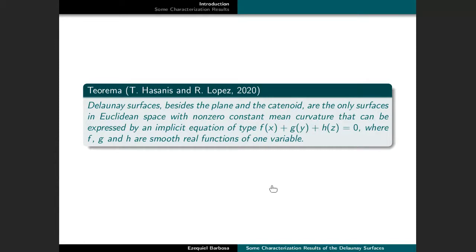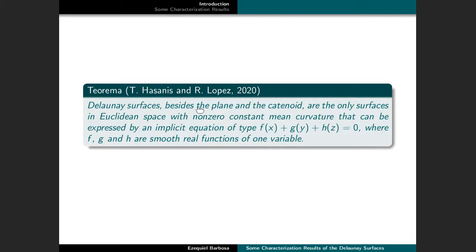And if you consider a function like this, the level set where the gradient has all the coordinates different from 0, then it should be a Delaunay surface.